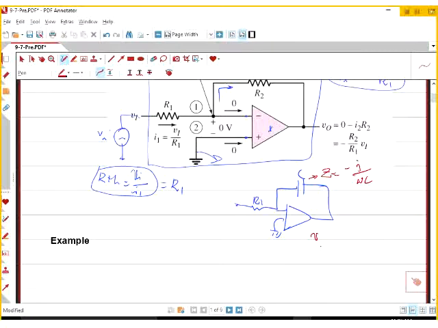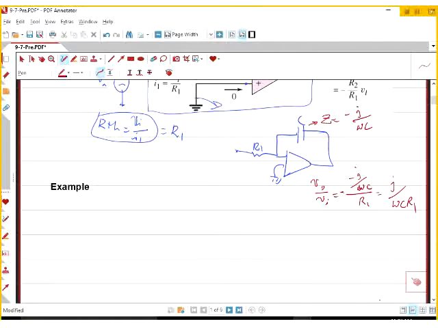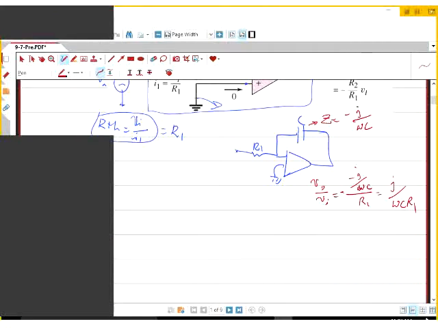And VO over VI, before it was minus R2 over R1, right now it is minus (minus j divided by omega C) divided by R1, and the answer is j divided by omega C R1. That's your gain. So this equation also works if you have impedance. Any question?